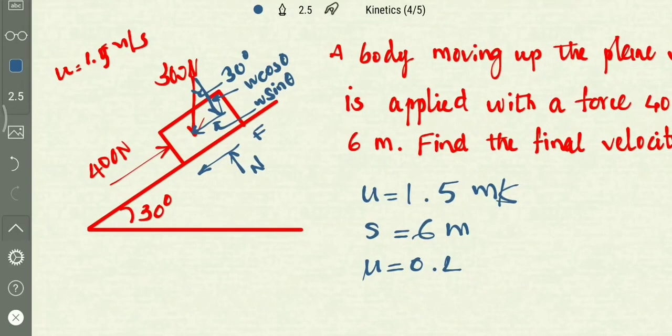And what is asked to find? The final velocity v is asked to find.